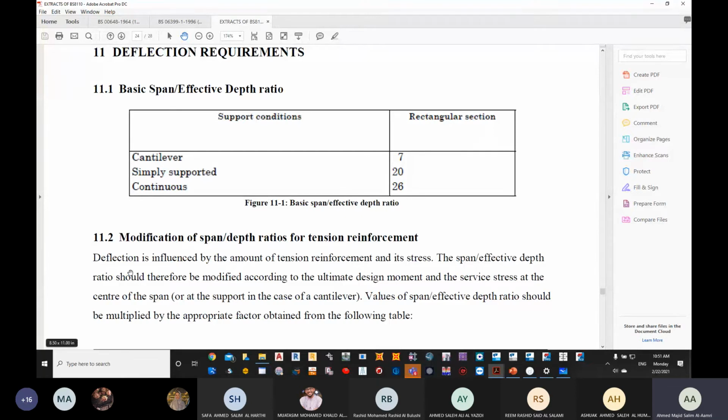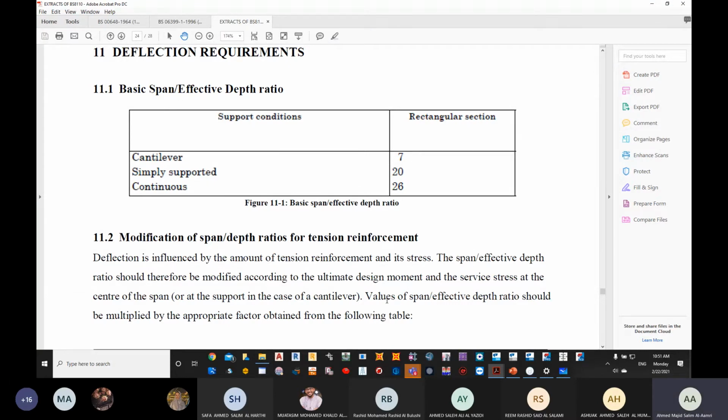It says deflection is influenced by the amount of tension reinforcement and its stresses. Then span by effective depth ratio should therefore be modified according to the ultimate design moment and the service stress at the center of the span or at the support in case of a cantilever.